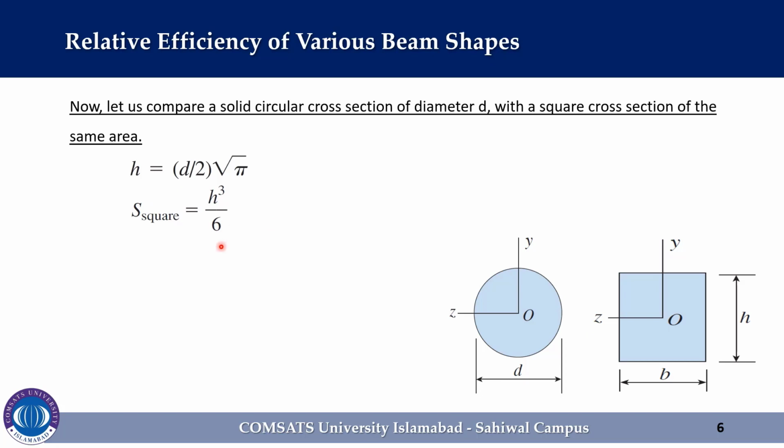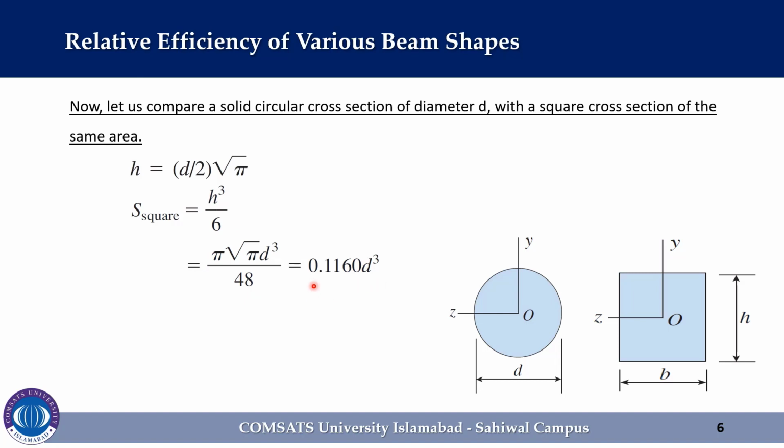As we already discussed, h is equal to d by 2 under root pi. So after replacing h by d by 2 under root pi, this expression can be written as under root pi, pi d cube over 48.